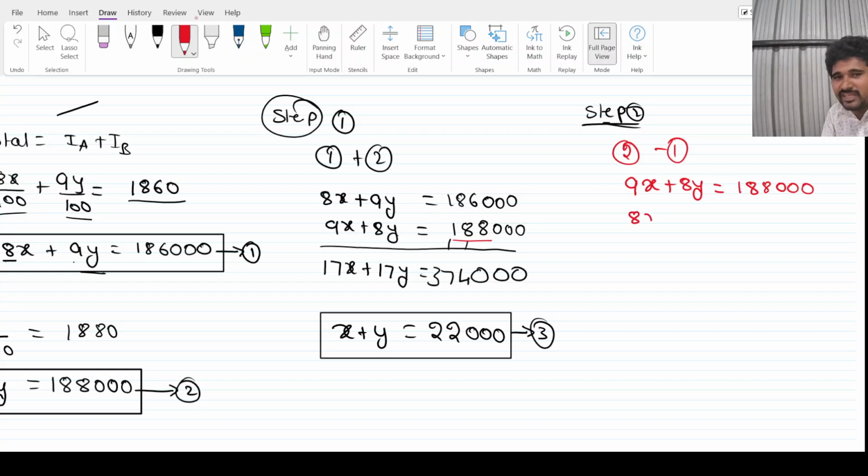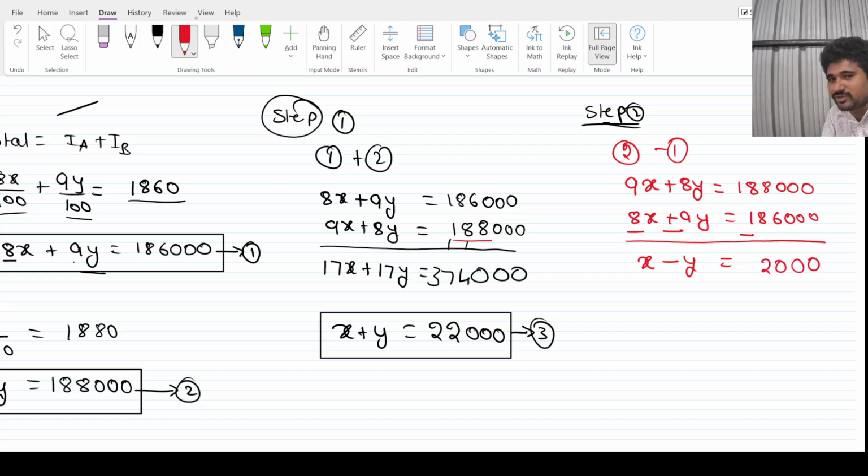Below it, 8x plus 9y equal to 186000. Do the subtraction. 9 minus 8 gives x, minus y, equal to 2000. This is your equation number 4.